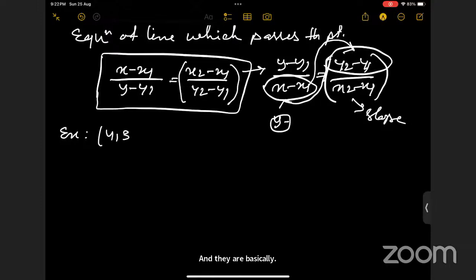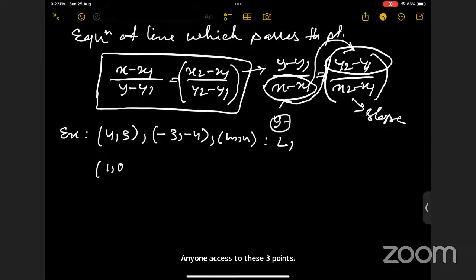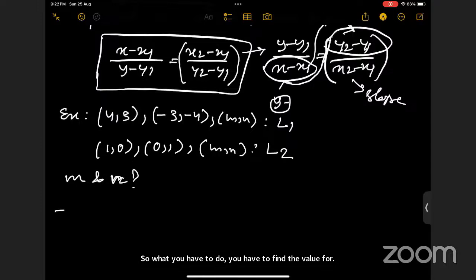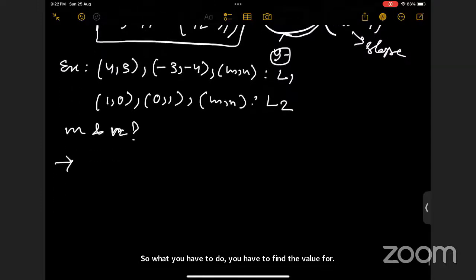So suppose we are given 3 points. A line L1 passes through these 3 points, and another line L2 passes through these 3 points. What you have to do is find the value of m and n. Try to solve it, then we will discuss.